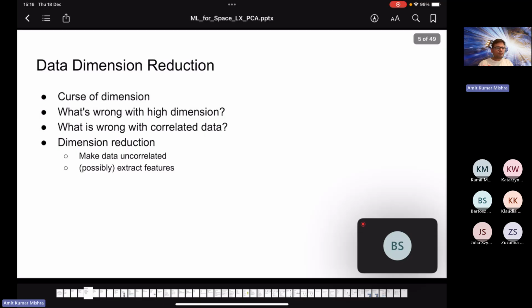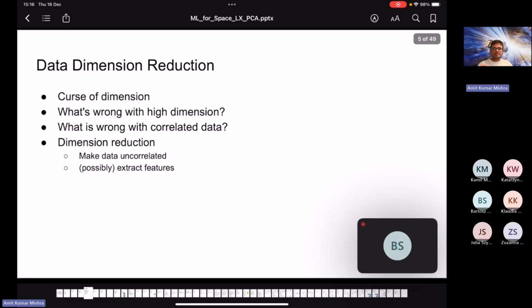Now, if your application doesn't require all the sub-bands, you can reduce the data or the sensor there, right? So the data will come to you. You have to make sure that, assuming the bands are correlated, from that correlated data, how can I reduce my dimension and not lose information?